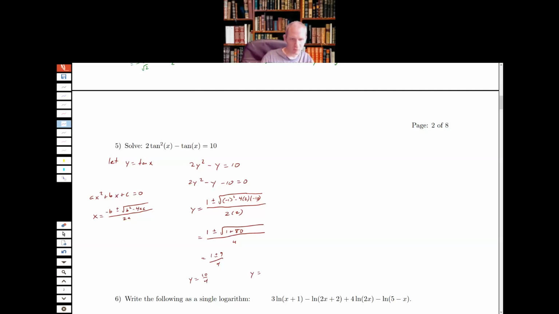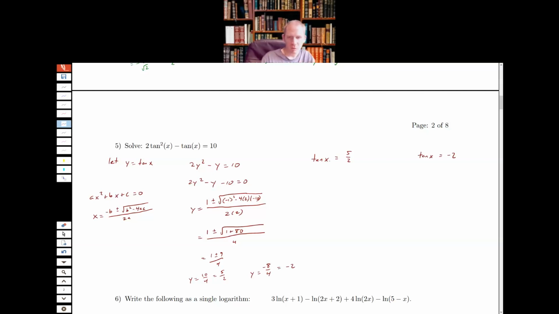When I subtract, 1 minus 9 is -8 fourths. 10 fourths I can simplify to 5 halves. -8 fourths I simplify to -2. Okay, so now we have, replacing y with tangent x, tangent x equals 5 halves, and then tangent x equals -2.